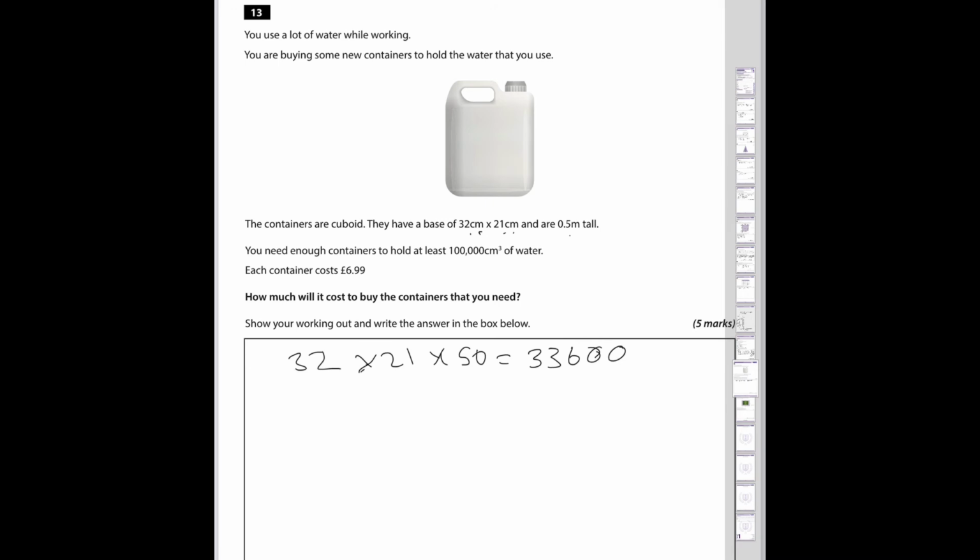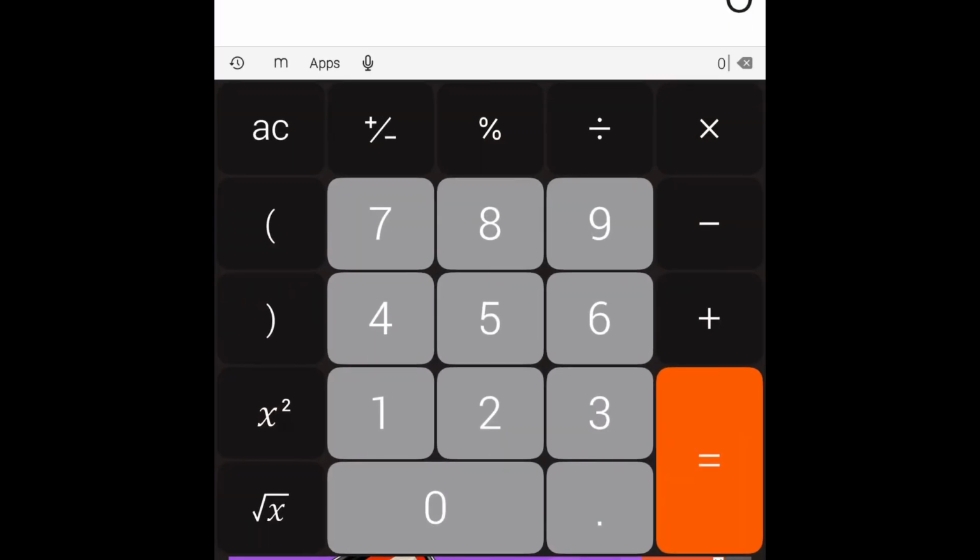So what we want to do is find out how many will hold 100,000. So let's do 100,000 divided by 33,600.